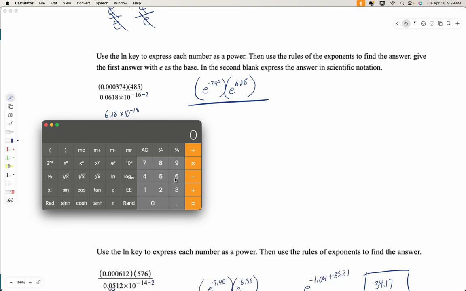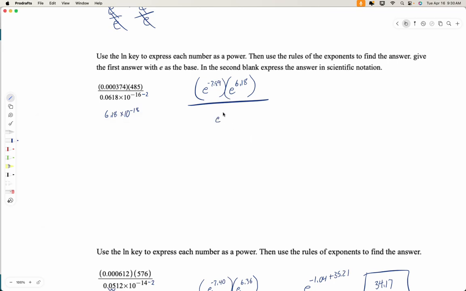Let me use parentheses just to make sure: 6.18 times 10 to the negative 18. So 6.18 e to the negative 18, that's this. And now we hit our ln key.